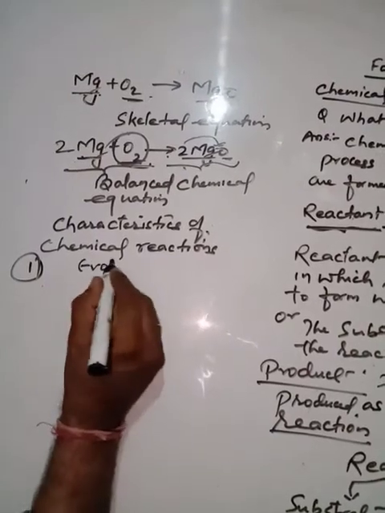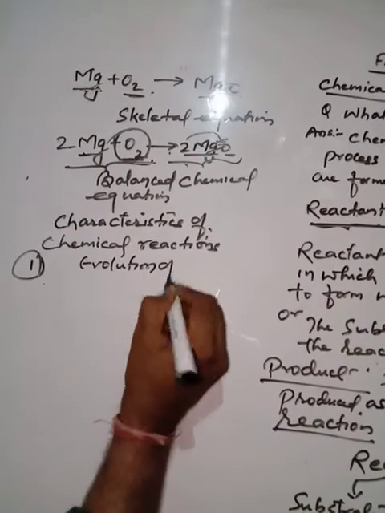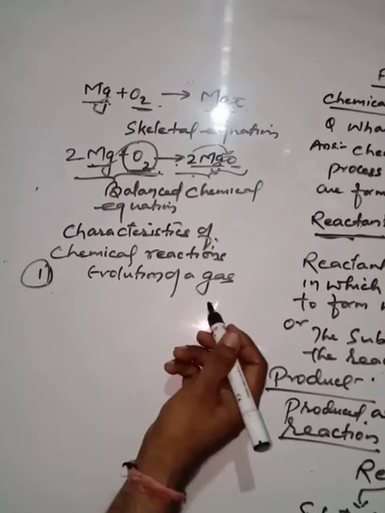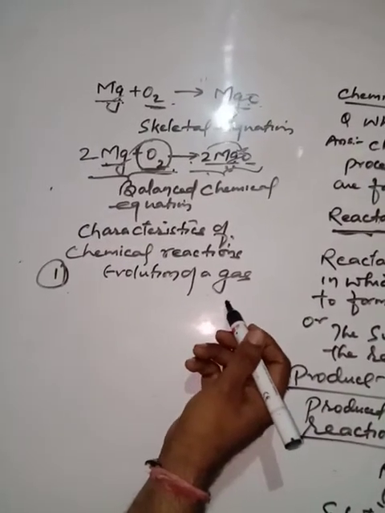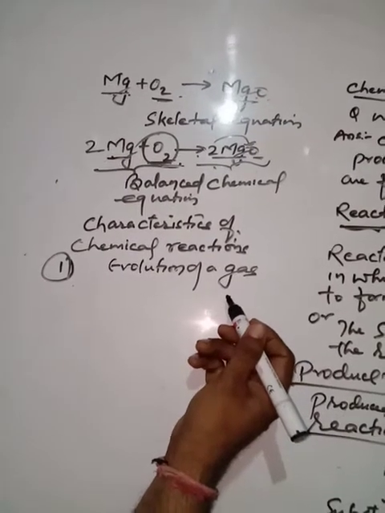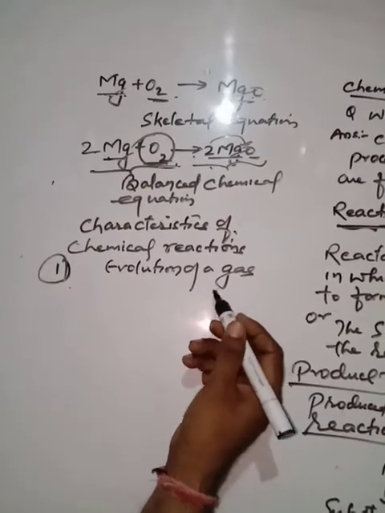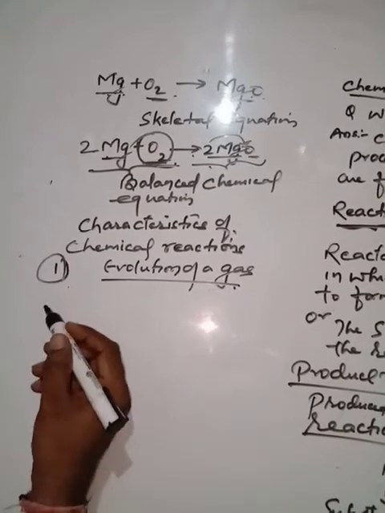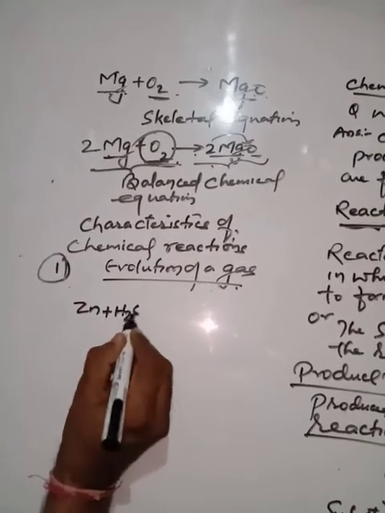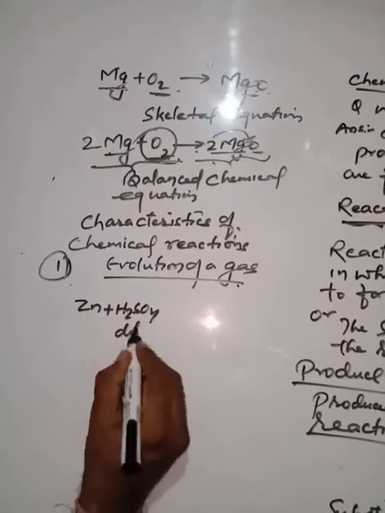Either it will be the evolution of a gas. Evolution of a gas means once the reaction is carried out, one of the products will be in gaseous form, either H2, Cl2, O2, CO2 and so on.